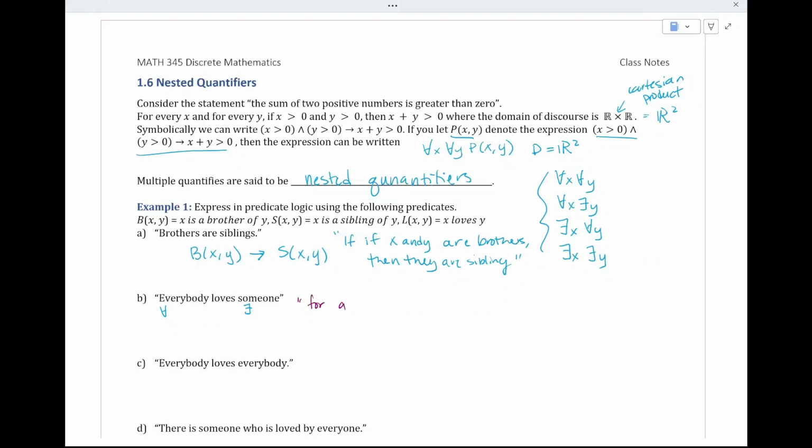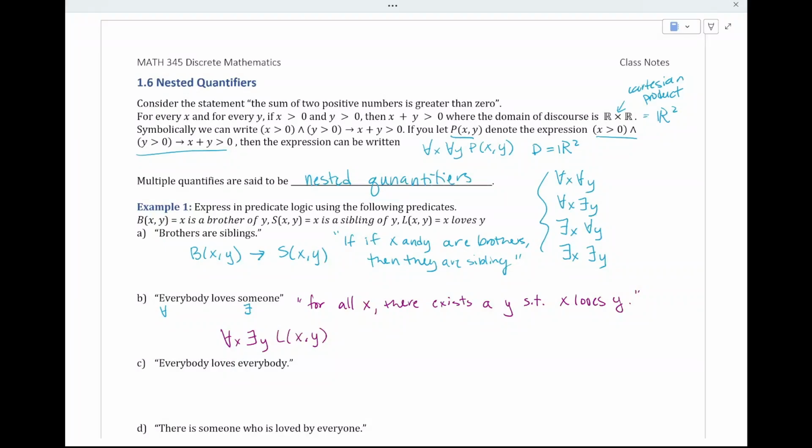So for all x, there exists a y such that x loves y. That's everybody loves somebody. So we can write that out: for all x, there exists a y such that L of x, y.